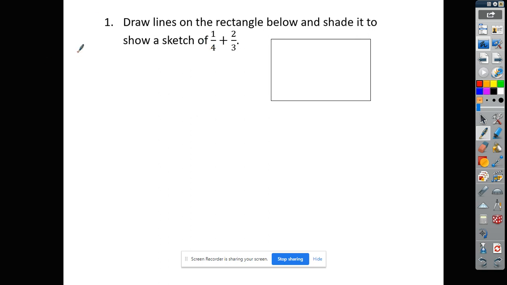So let's have a look at our lowest common multiples. So I've got 4, 8, 12. And then I have 3, 6, 9, 12. So we can see that 12 is our lowest common multiple. So we have double checked that.